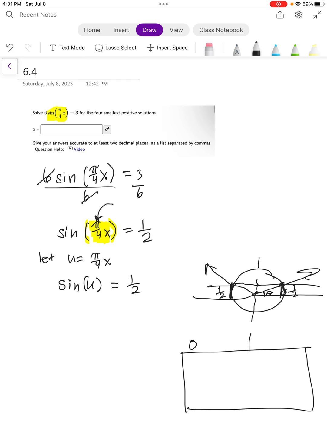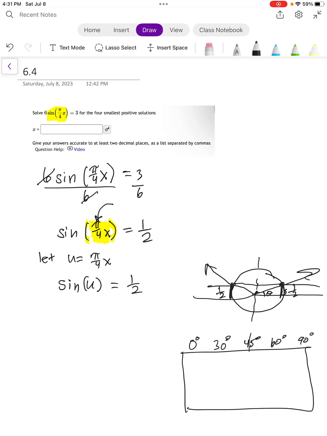You should know 0 degrees, 30 degrees, 45 degrees, 60 degrees, and 90 degrees.